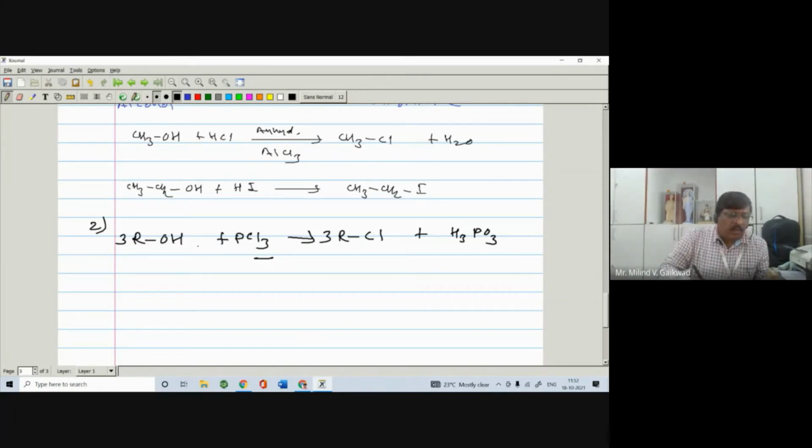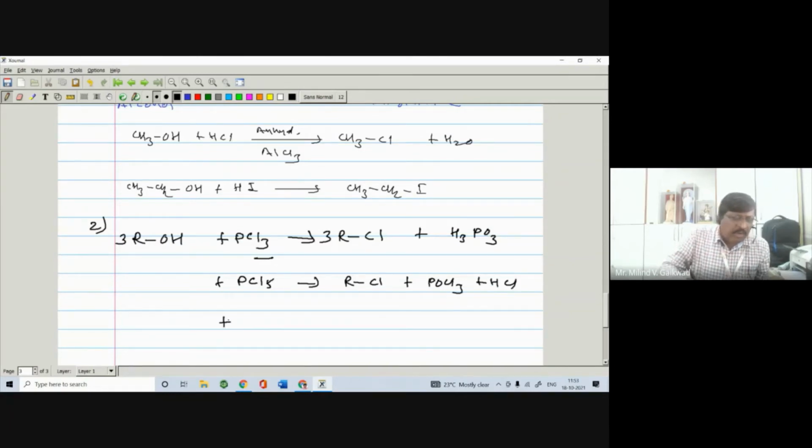Similarly, you can also react this alcohol with PCl5 and get RCl plus POCl3 and HCl, right?